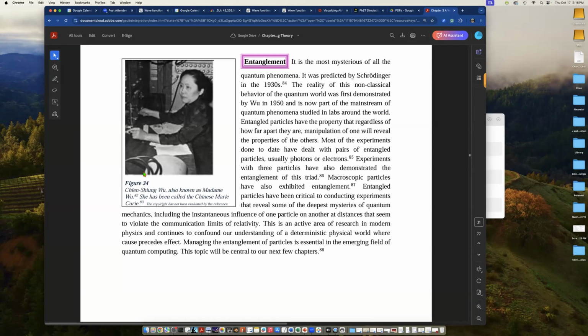And this lady, always known as Madame Wu at Columbia University, was probably the first to create, in a laboratory, a circumstance where entangled particles were created. She was a nuclear physicist, and she and her student were working with various kinds of experiments of this type, and they probably did not realize that they had observed entanglement.